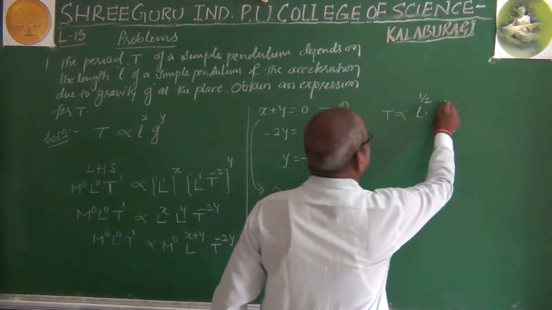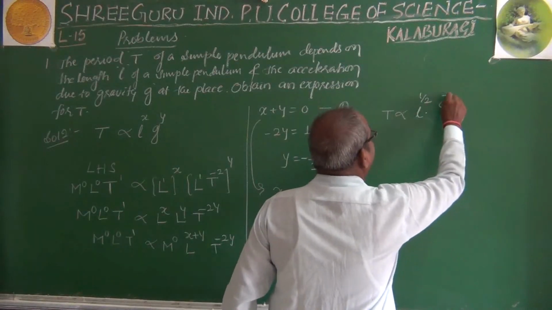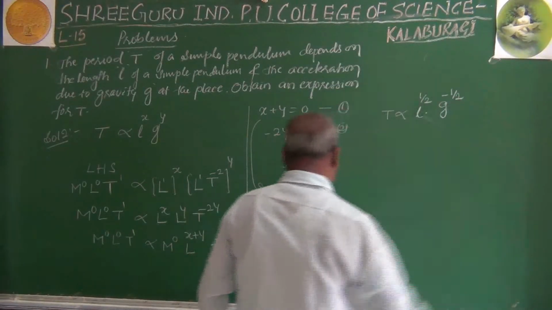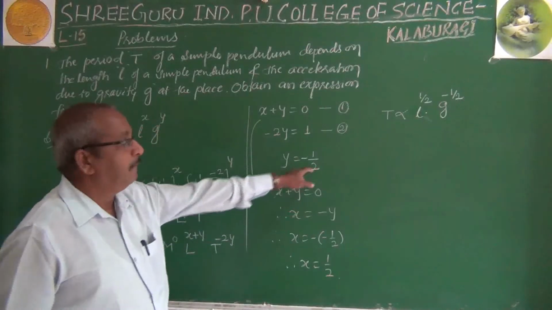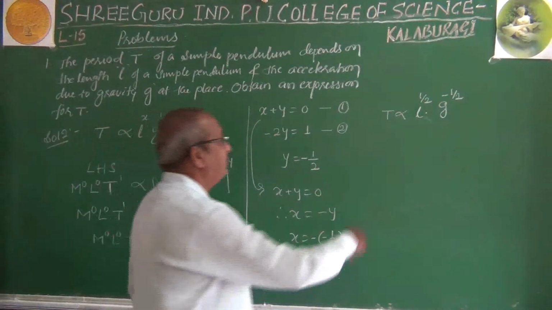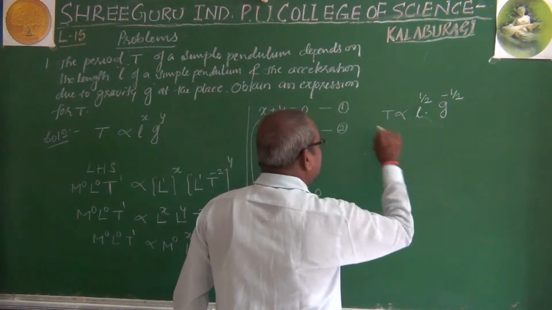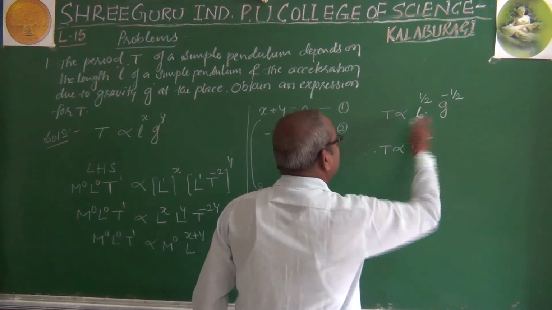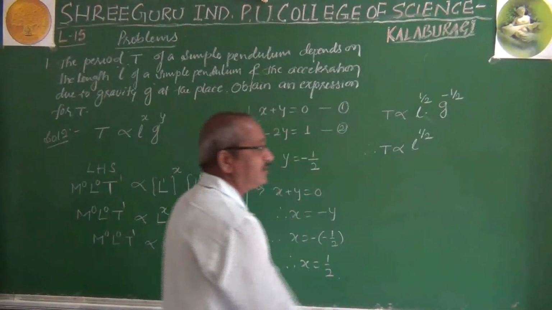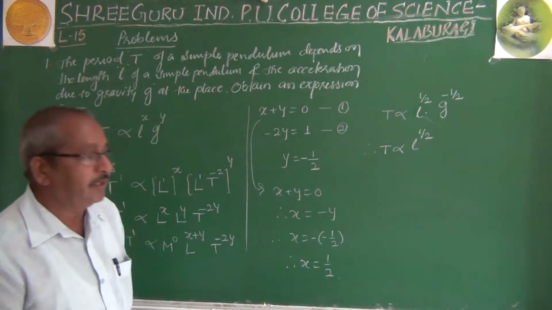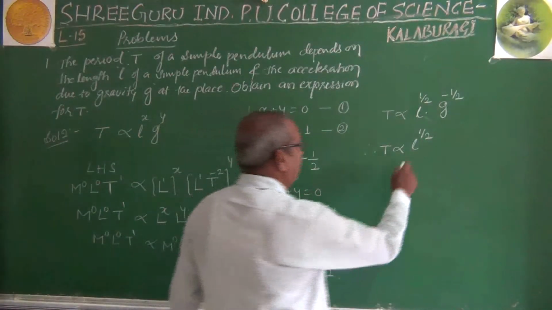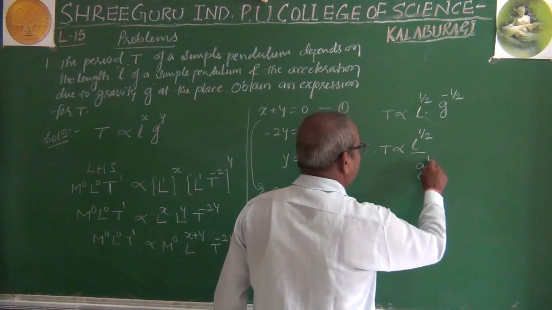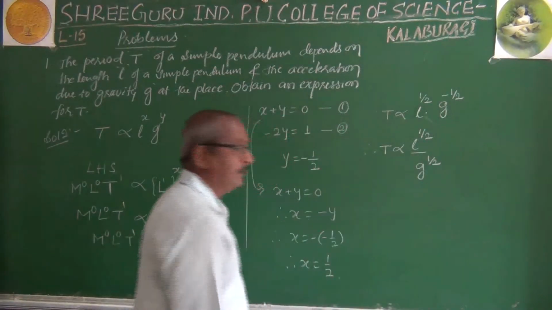G raised to y means G raised to minus 1 by 2, because the y value is minus 1 by 2. So T is proportional to L raised to 1 by 2, and whenever we take it to the denominator the minus becomes plus, that is G raised to plus 1 by 2.